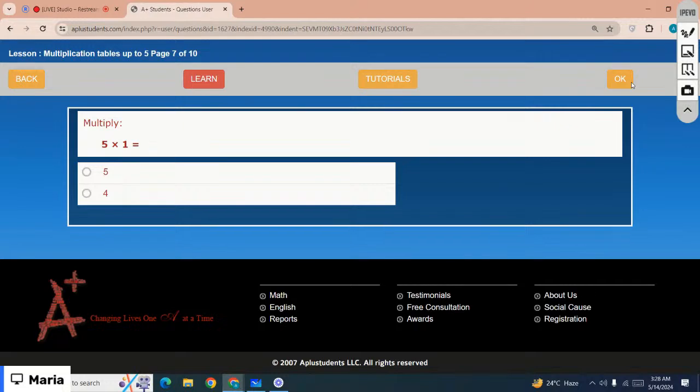5 times 1 equals, the correct option is 5. 5 times 1 is 5. Option 1 is the correct option.